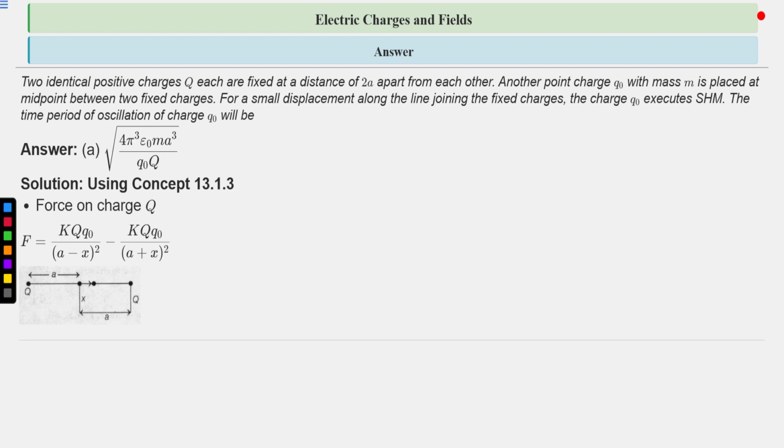Now the force between these two charges will become kQQ naught upon (a plus x) square, and between these two charges kQQ naught upon (a minus x) square, because we are giving this charge a small displacement in this direction. So net force is the force due to this charge minus the force due to this charge.